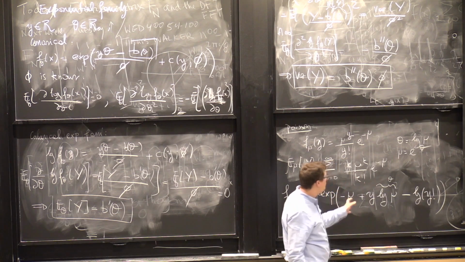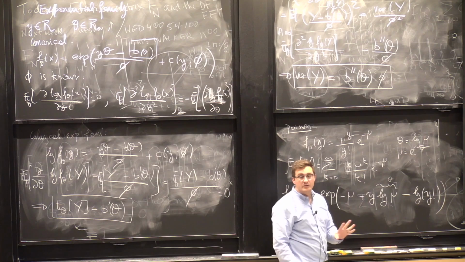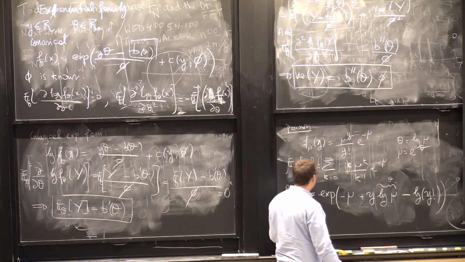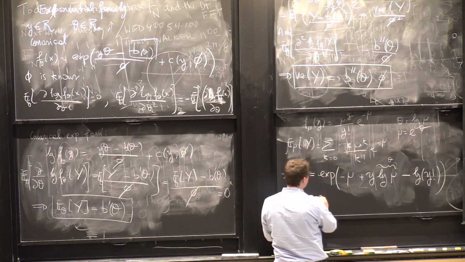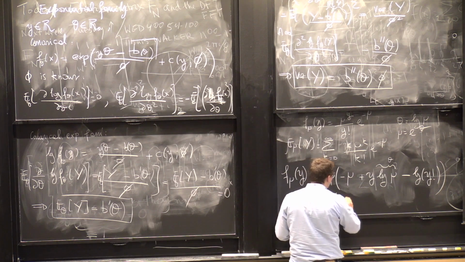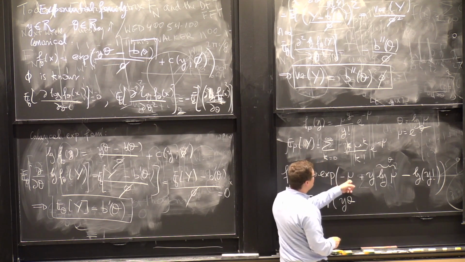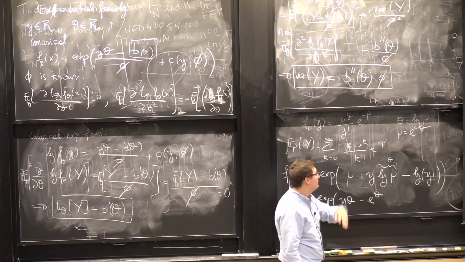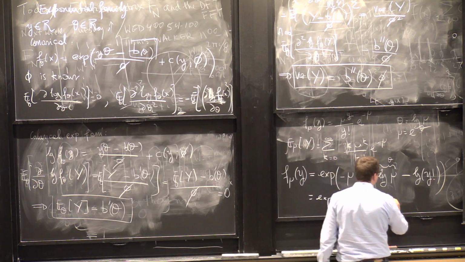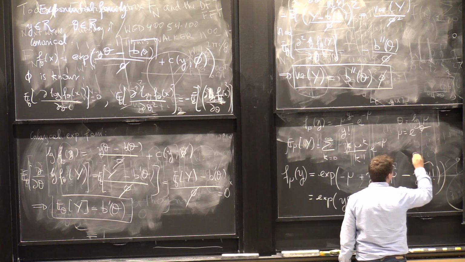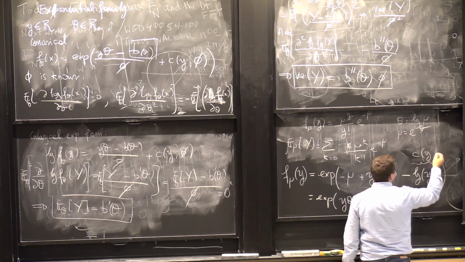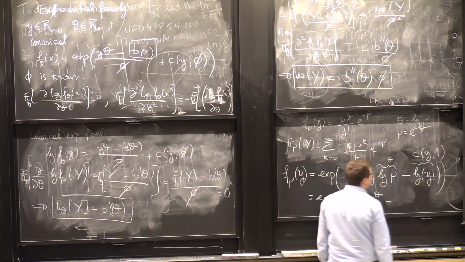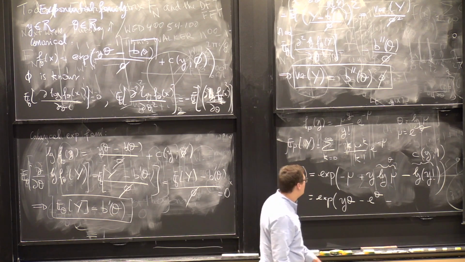Wherever I see mu, I'm going to replace it by e to the theta, because my new parameter now is theta. So this is equal to exponential of y times theta minus e to the theta, and then something that depends only on y. So this is my c of y, and phi is equal to 1 in this case. That's all I care about.